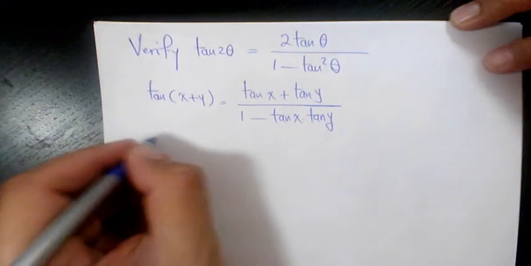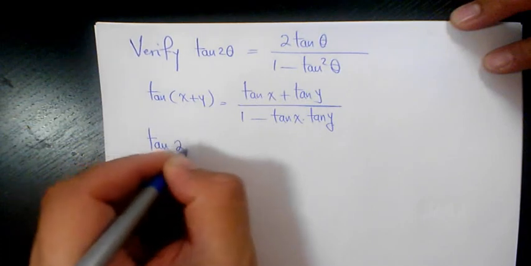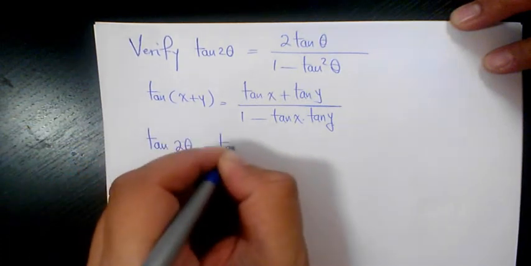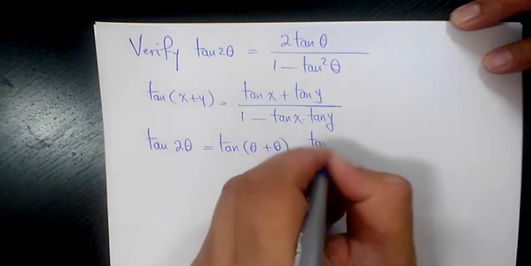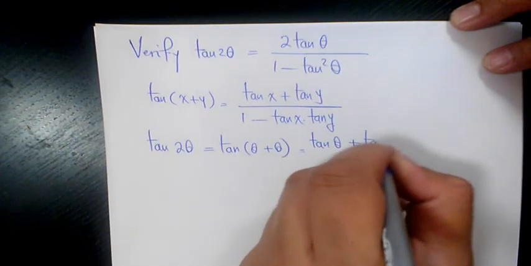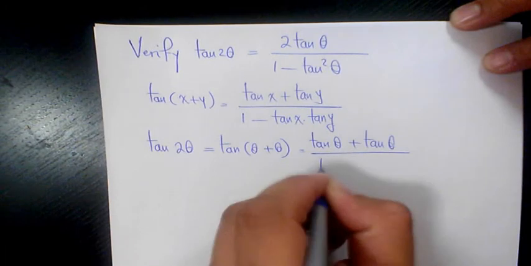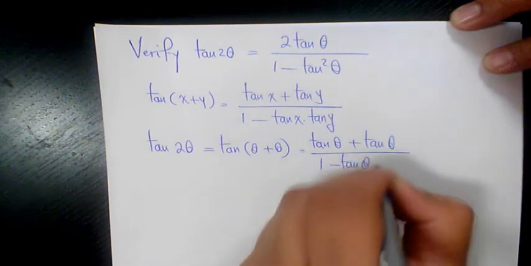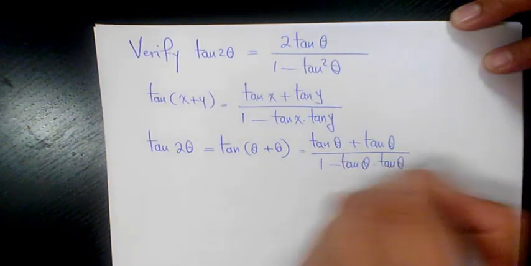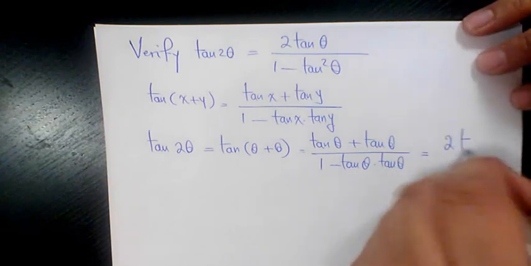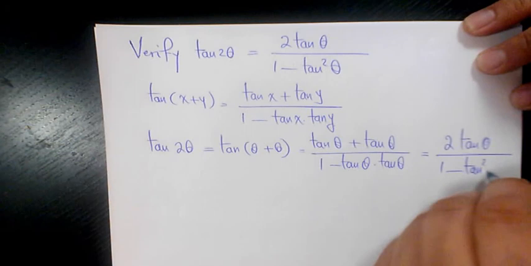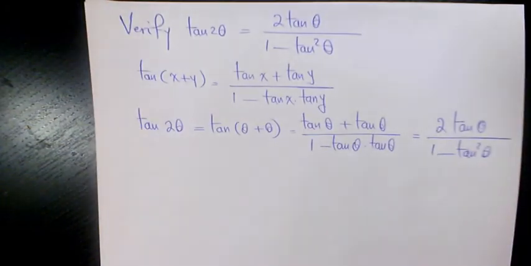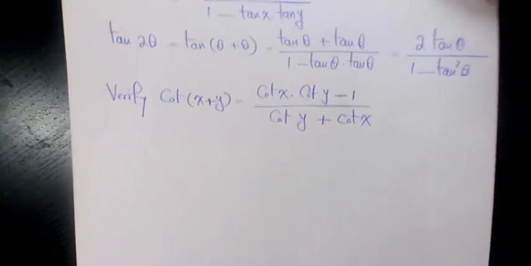So here, if we have tan 2 theta, it's going to be tan theta plus theta, which is going to be tan theta plus tan theta over 1 minus tan theta, one more time tan theta, which will be 2 tan theta over 1 minus tan squared theta. Now let's verify this example.